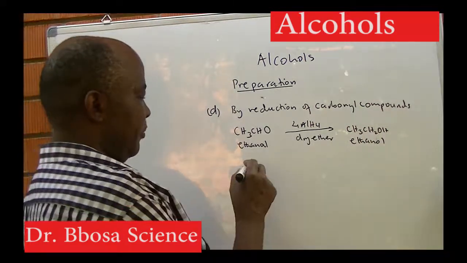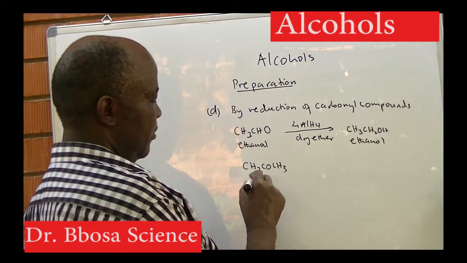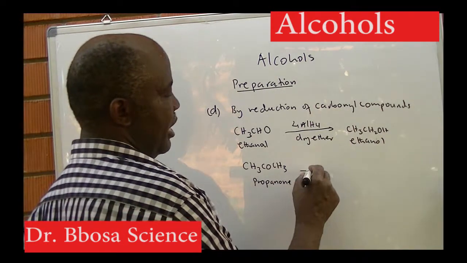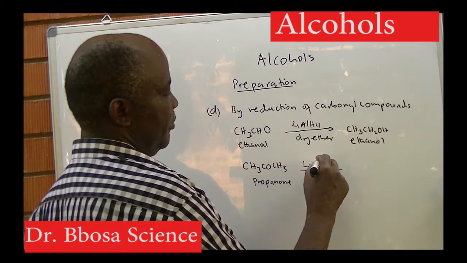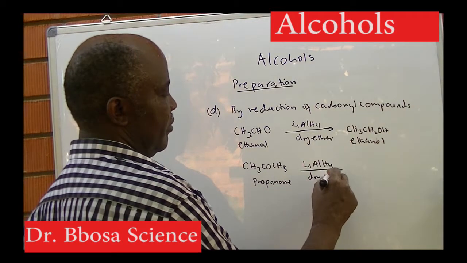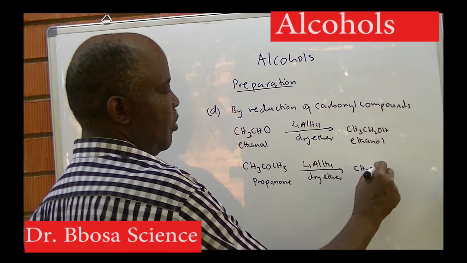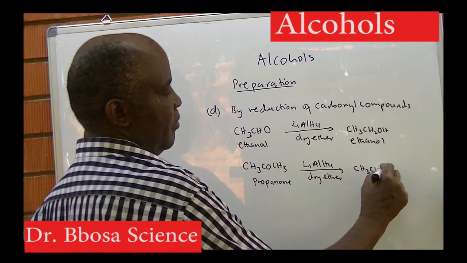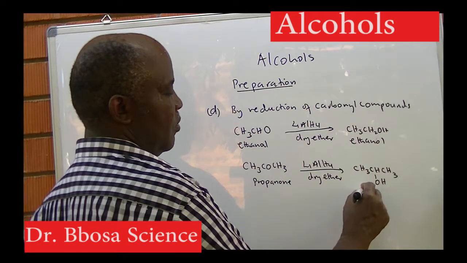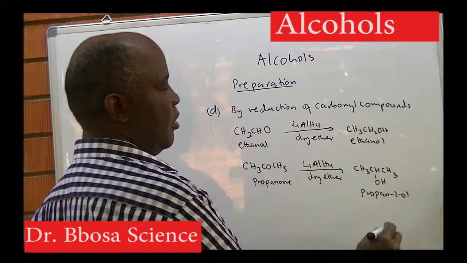Propanone is reduced by lithium aluminium hydride in dry ether to propan-2-ol.